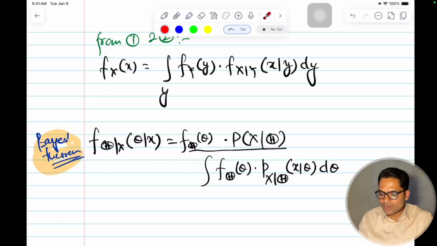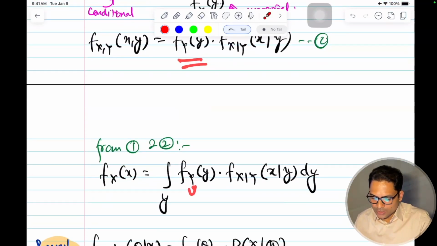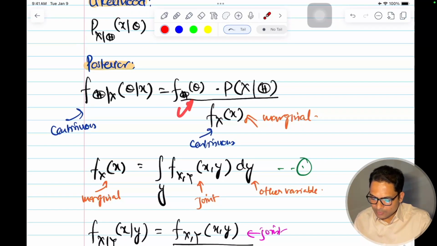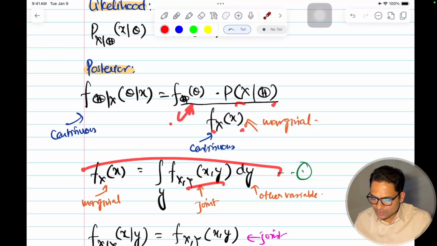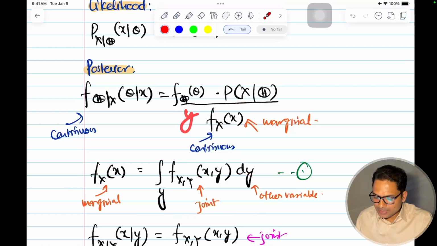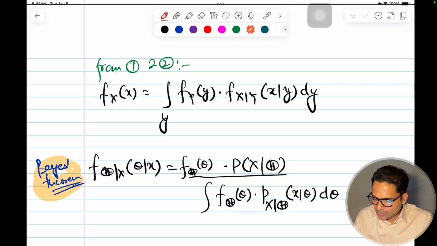Directly I put here y is theta. I gave you a generic formula, and here x and y were x and theta. This is just for the formula. Here my y is theta, so plug that theta here. For us, y is equal to theta.